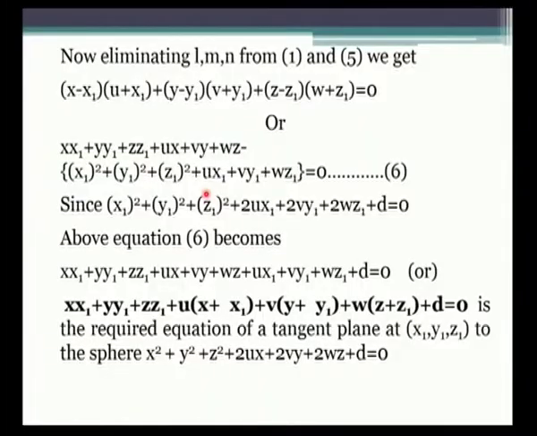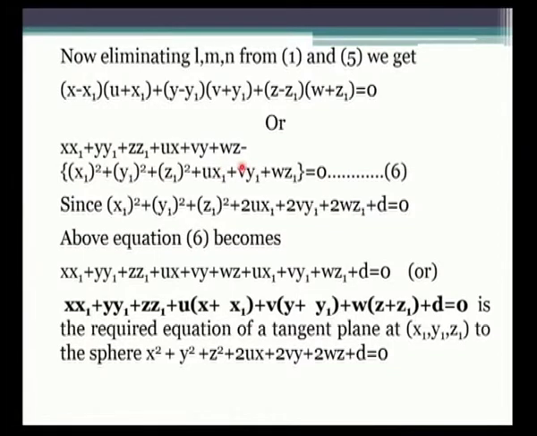Now eliminating L, M, N from 1 and 5, we get the expression (x minus x1) into (u plus x1) plus (y minus y1) into (v plus y1) plus (z minus z1) into (w plus z1) is equal to 0. Further simplification of this gives equation 6.